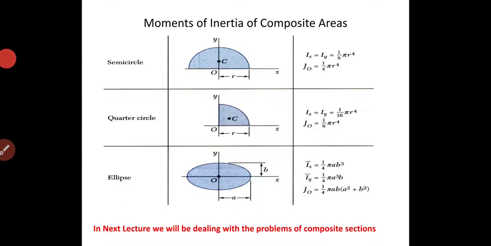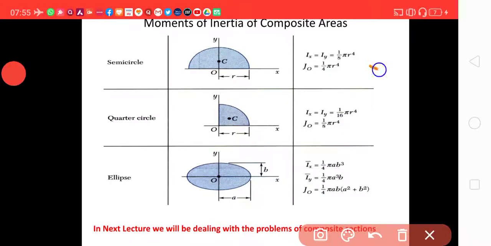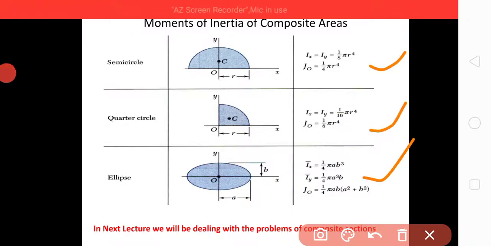Again, these are dimensions for other shapes: half circular lamina, quarter circular lamina, and ellipse. You can concentrate here and find out. These will be used when we derive the analysis of composite areas and masses in the next slides.